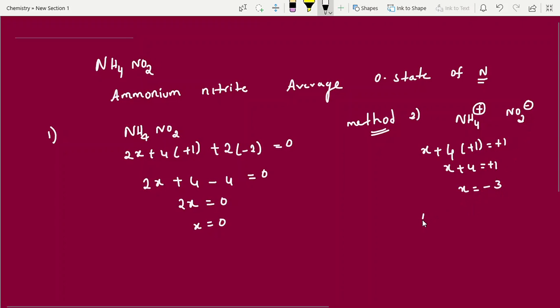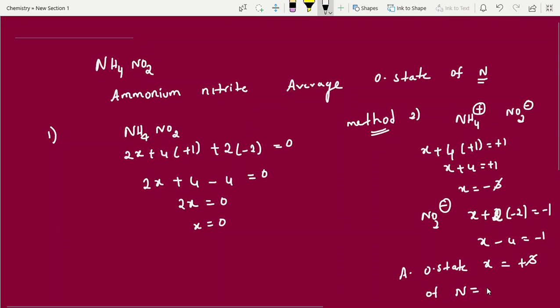The same way, for NO2 minus: x plus 2 into minus 2 equals minus 1, x minus 4 equals minus 1, so x equals plus 3. See, this is minus 3, this is plus 3. Finally, the average oxidation state of nitrogen equals 0. You can follow any method.